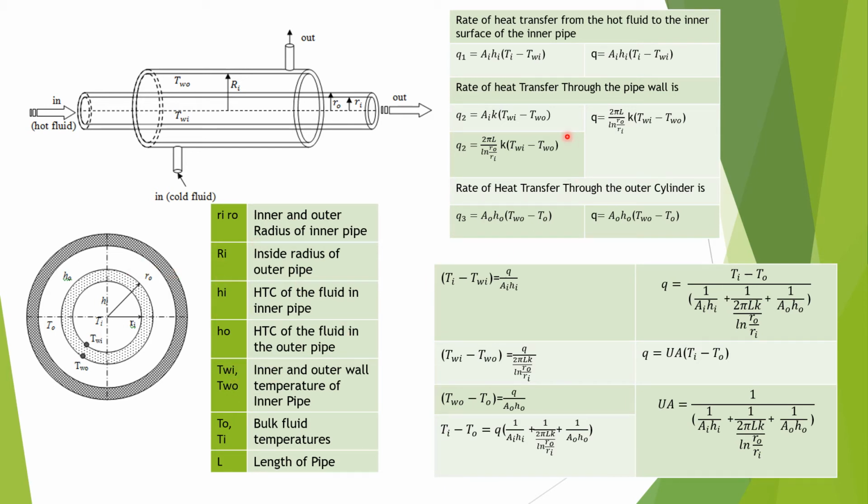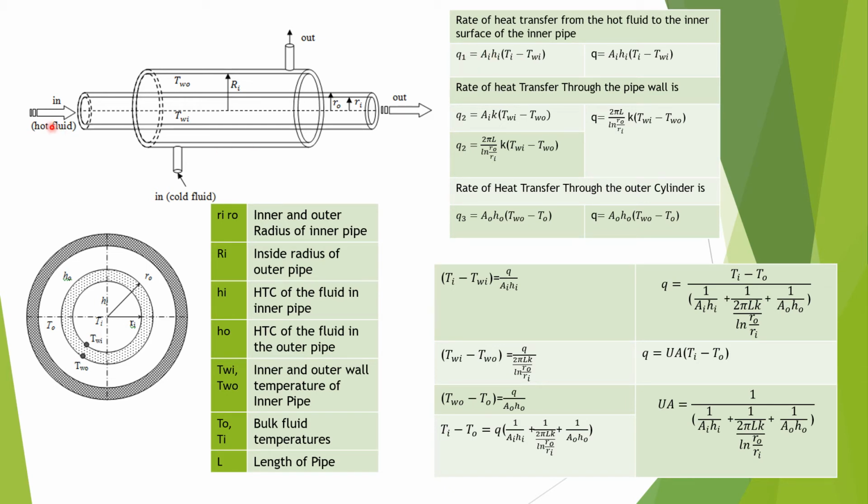So the next step is, the rate of heat transfer between the hot fluid and cold fluid is constant, that is, it is Q. So instead of writing Q1, Q2 and Q3, we will mention it just as Q, and we will write all these three equations. I hope you understood.